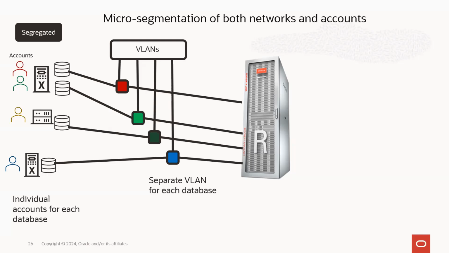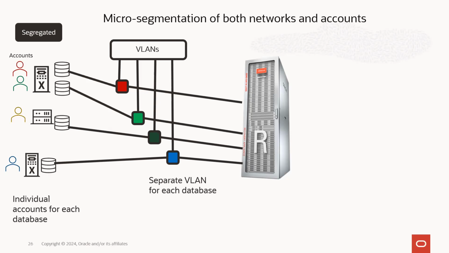So there's a very detailed level of segregation that you can do on the recovery appliance, that microsegregation, where you could get to the point where each database has its own account with its own privilege just to see those databases.